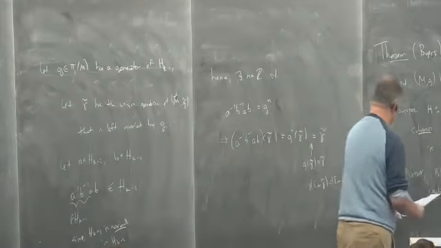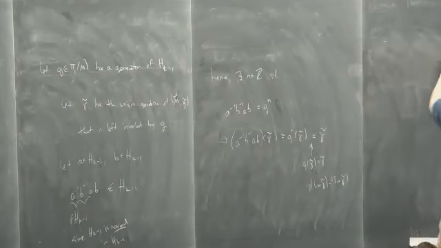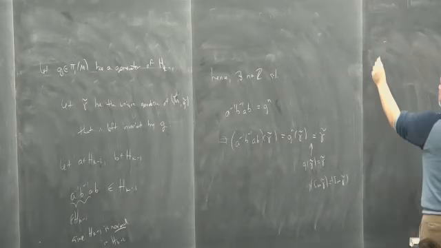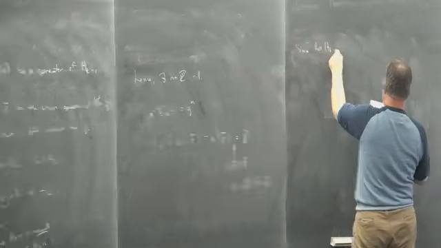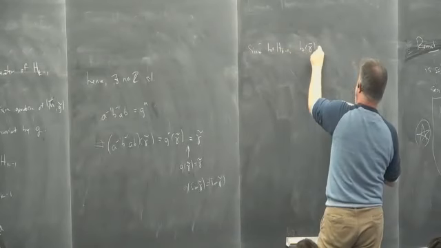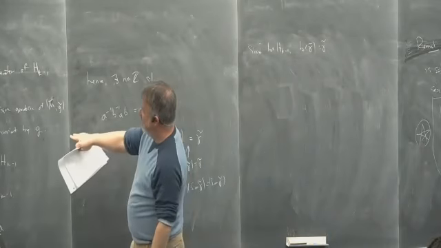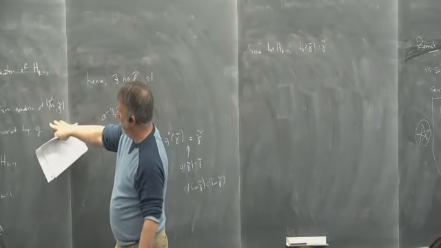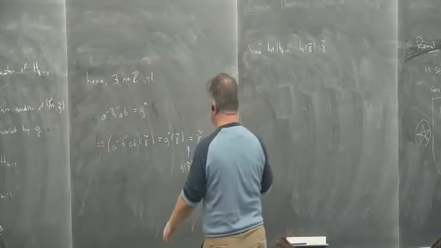But also, since b is in h_{k-1}, b of gamma tilde equals gamma tilde, because everything in h_{k-1} is some integer power of g, and that leaves gamma tilde invariant.